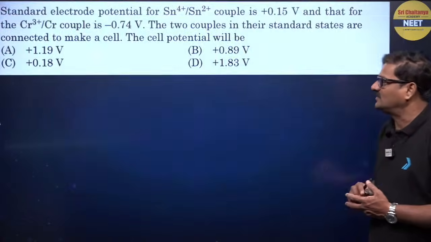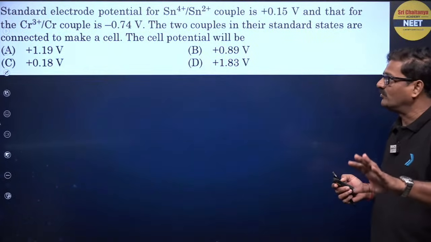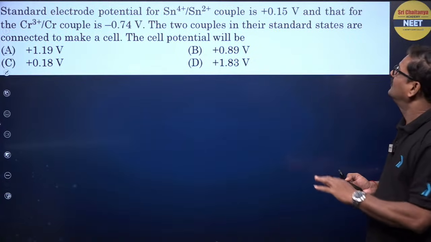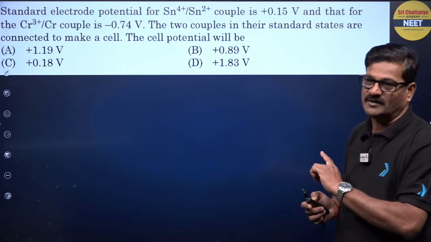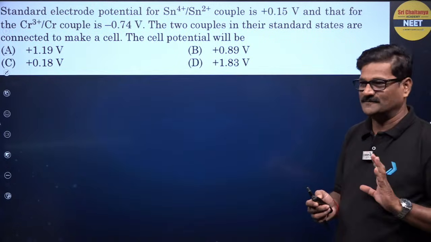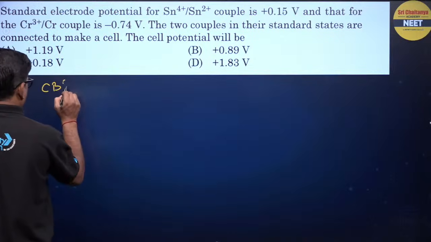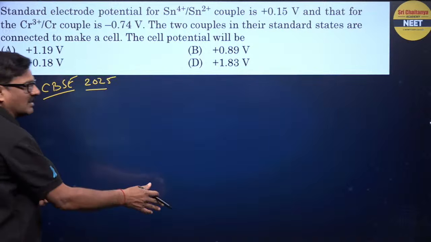Now, if you want to solve this, let me know. This is a 2025 question, beta, in the CBSE paper. I took a screenshot of the 2025 paper and gave it to you.